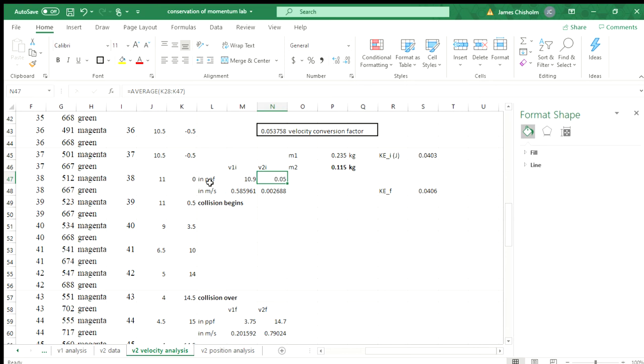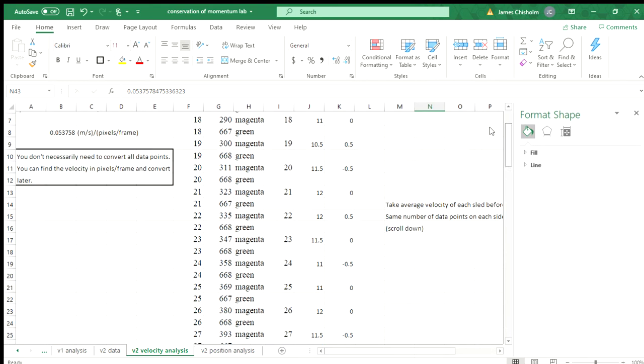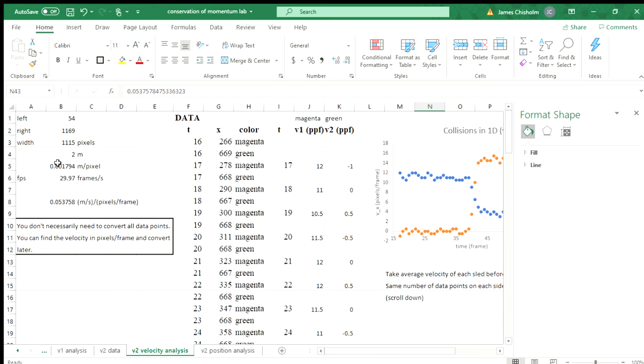Now, these are the values computed in pixels per frame. If we then want to convert things to meters per second, we have this conversion factor that we found earlier up here. Let me scroll back up. I get it by finding my meters per pixel and my frames per second and multiplying them together to form this weird unit of a meter per second per pixel per frame.